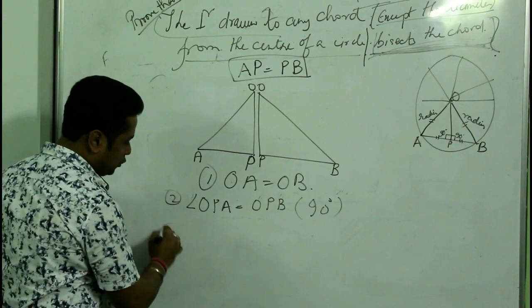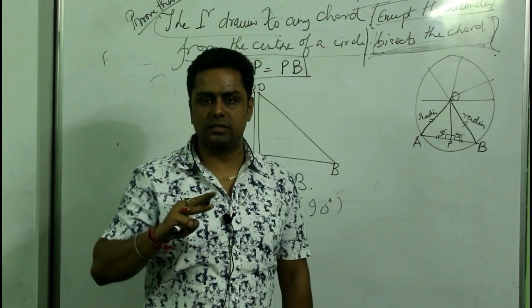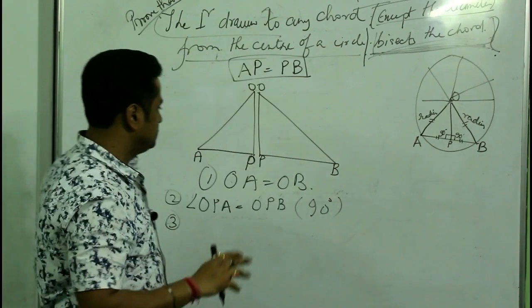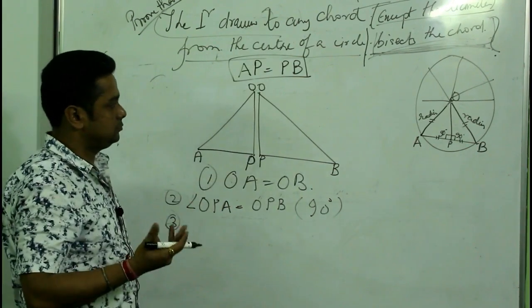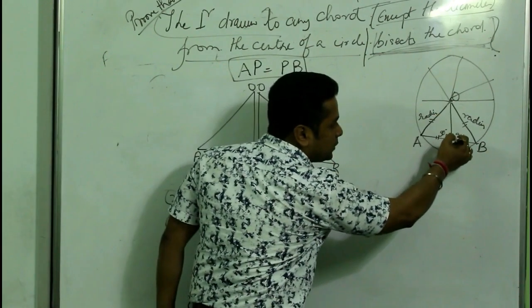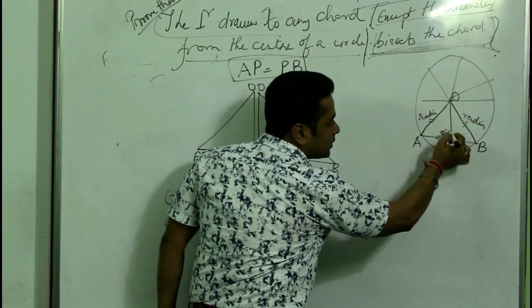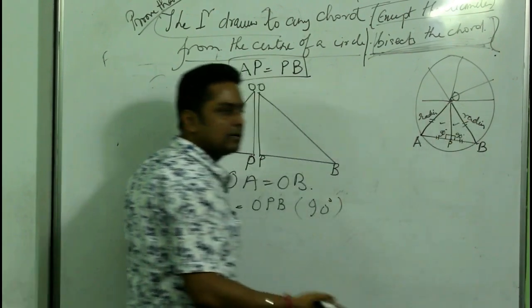Point number 2. Now we require 3 points for congruency. Now what is common? What is equal? See here. OP is inside both the triangles.